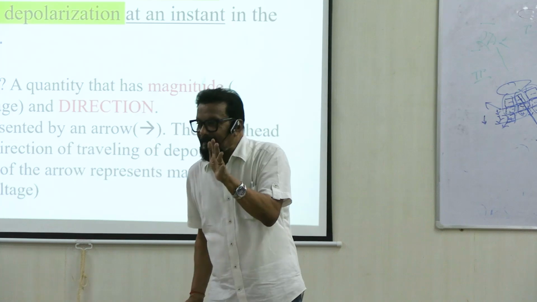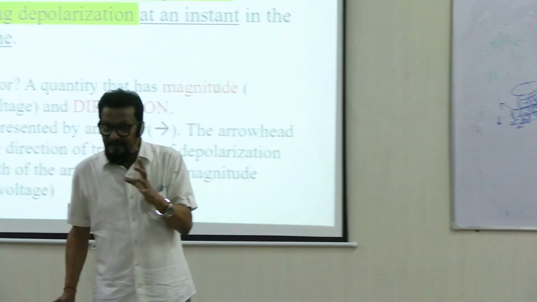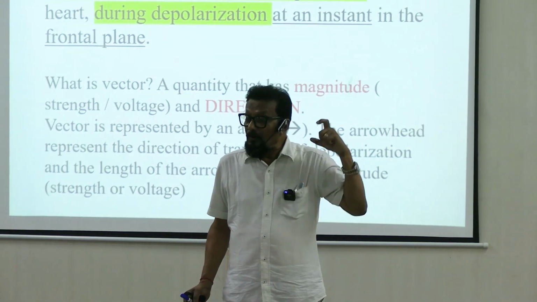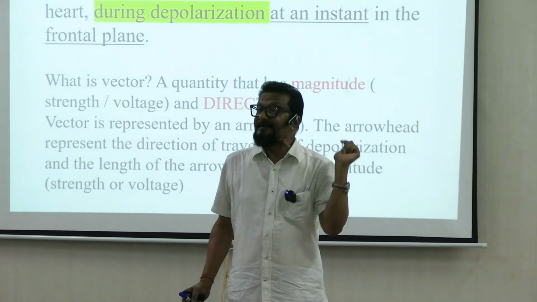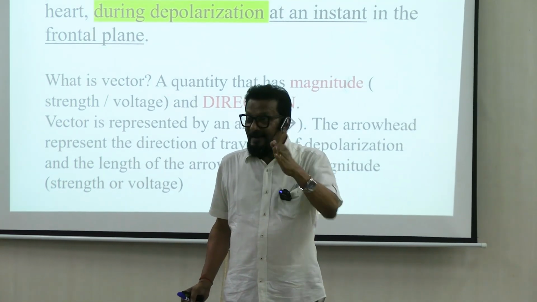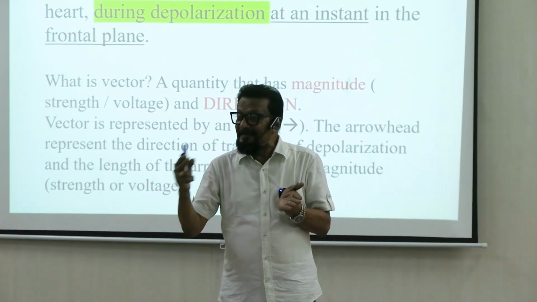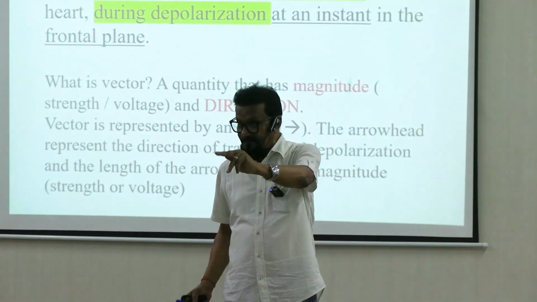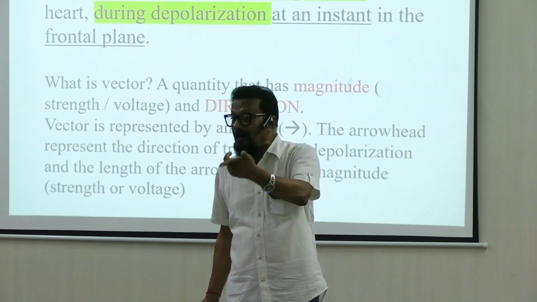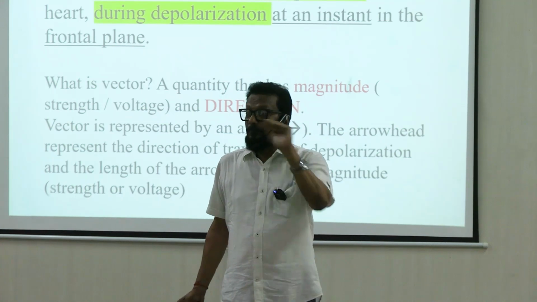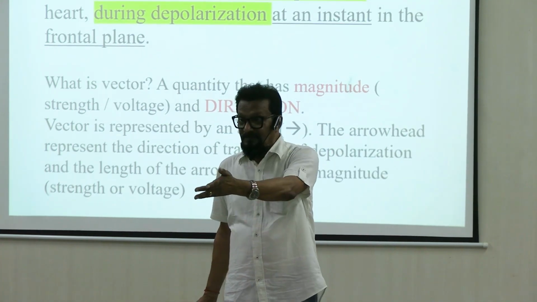So this is the mean, average direction of movement of current generated in the heart. What is the direction and what is the intensity at a particular instant? It is the direction of flow of current, flow of depolarization, or movement of the activation front.